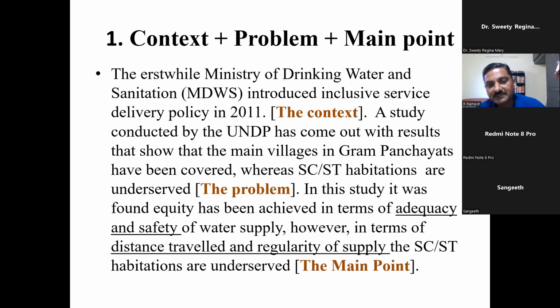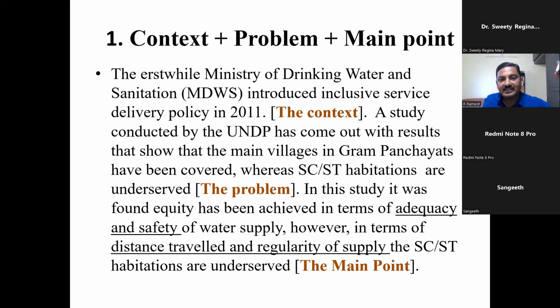That is my problem. And then in the current study that I have taken up, it was found equity has been achieved in terms of adequacy and safety of water supply. However, in terms of distance traveled and regularity of water supply, SC/ST habitations are underserved. This is the main point in my finding. In my thesis, this is the main point I found.